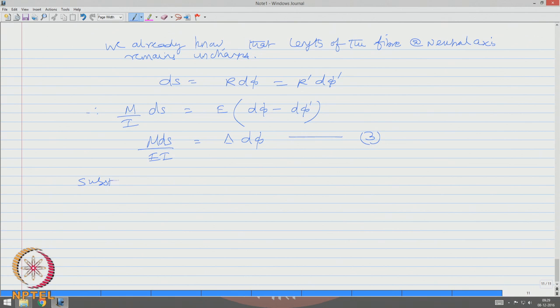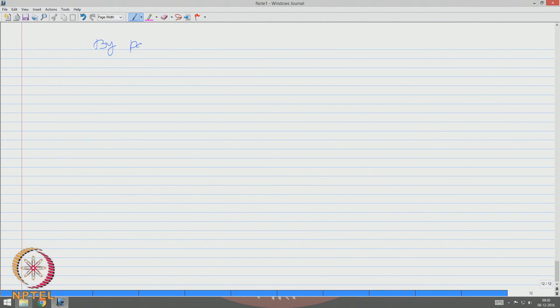Now, substitute this in equation 1, we now get strain energy U as integral half M square ds by E I. By partially differentiating U with respect to P, we get delta, which will be dou U by dou P, which will be integral M by E I dou M by dou P of ds, equation 5, that is the deflection.